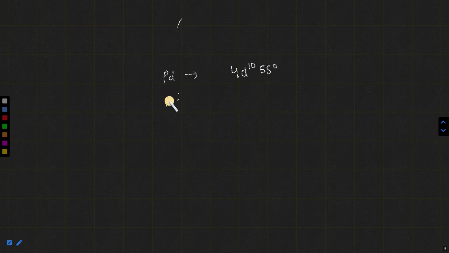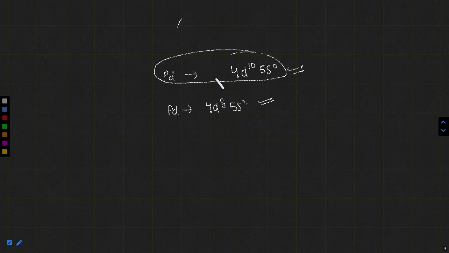What is the reason behind it? If we had taken it the normal way, it would be 4d8, 5s2. So these are the two possible electronic configurations for Pd, and this should be the case. But since Pd is an exception, we will have this kind of electronic configuration.